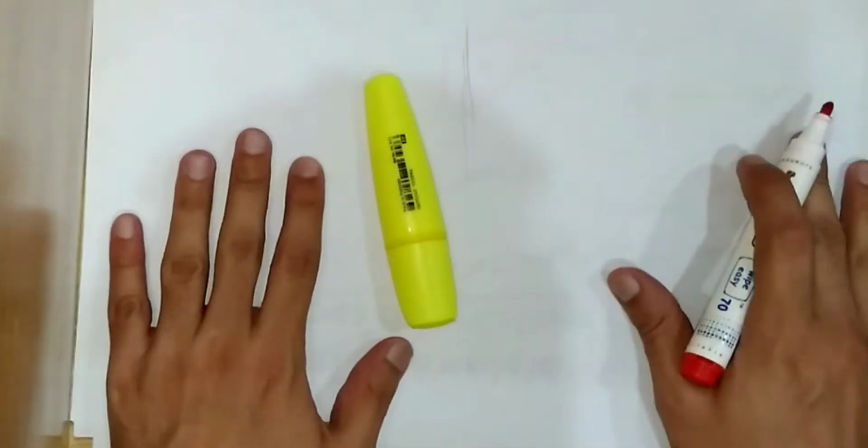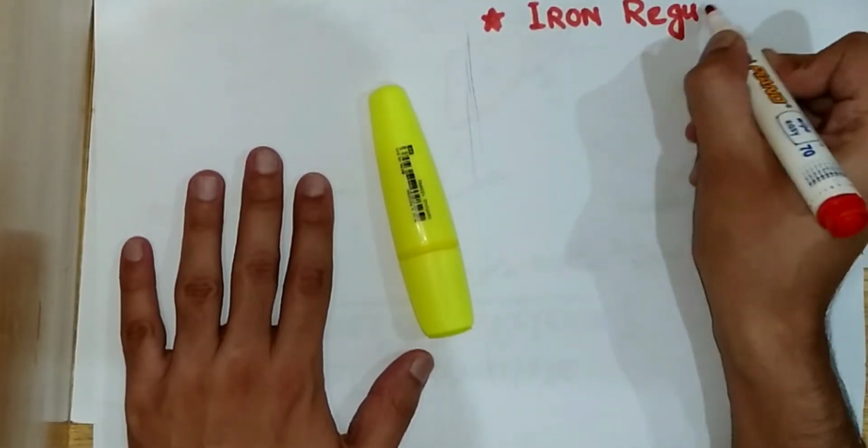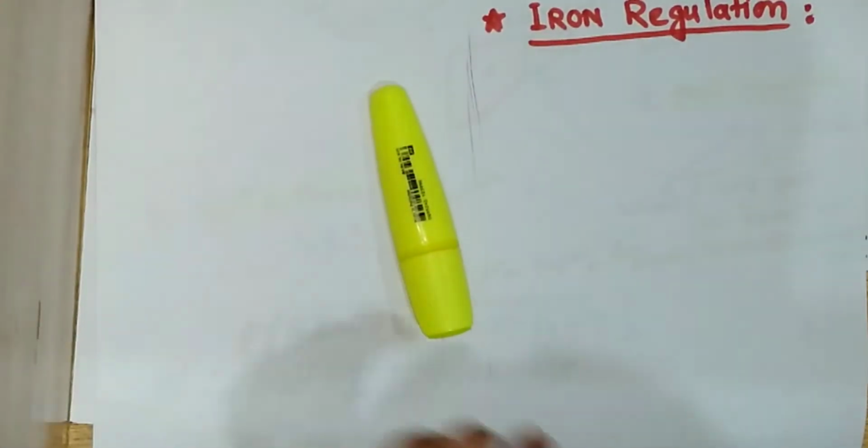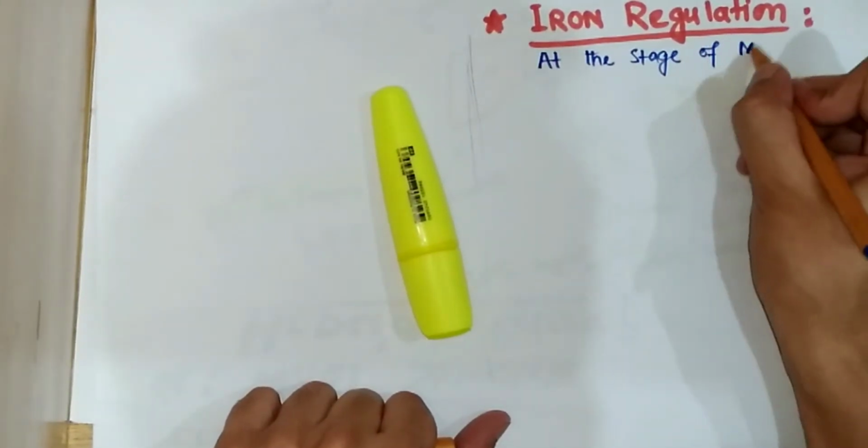How is iron regulated at the stage of mucosal uptake, during absorption from the lumen of the intestine to the enterocytes? At this stage, how is iron regulated?